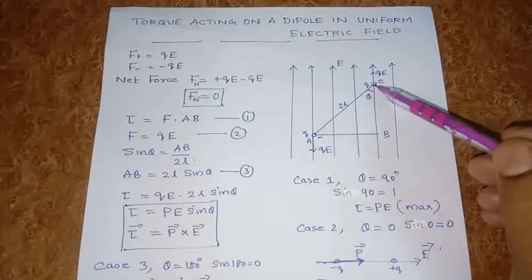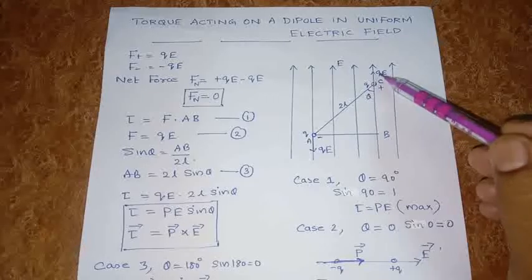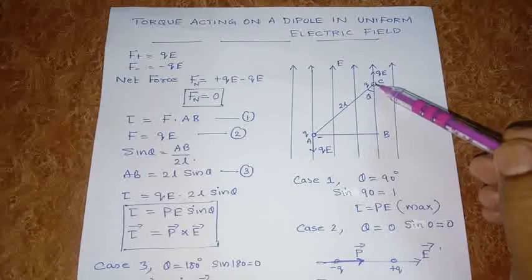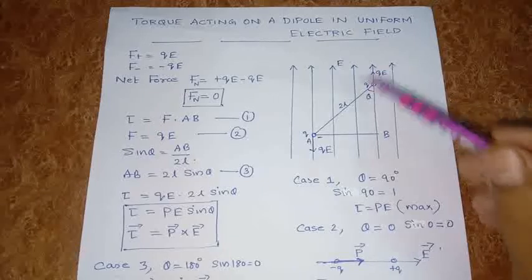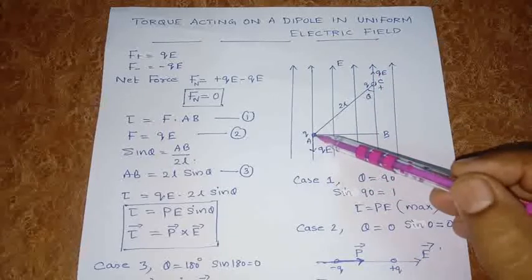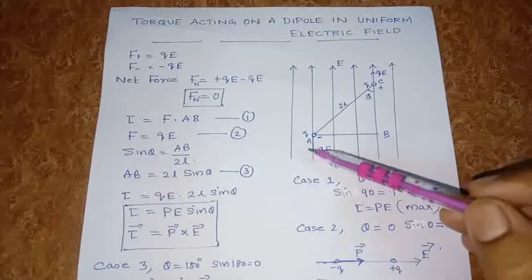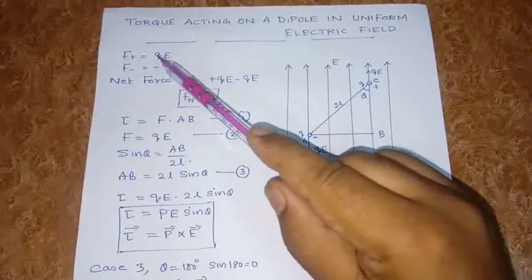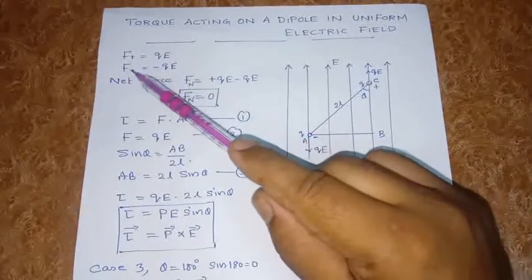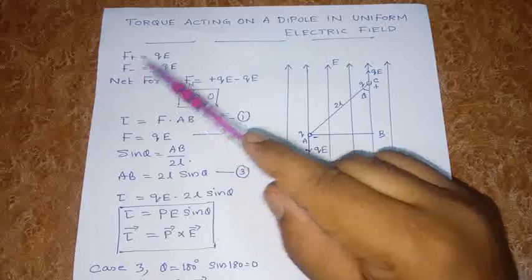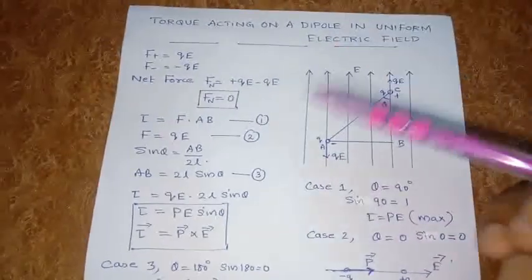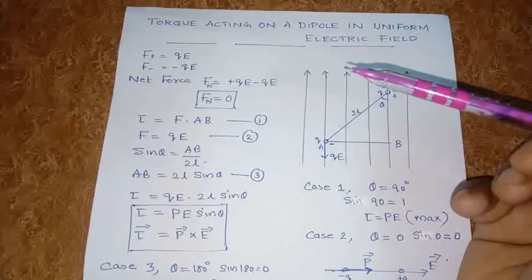When a charge is placed in electric field, it experiences a force QE, and if it is a positive charge, that force is in the direction of electric field. If it is a negative charge, that force is opposite to the electric field. So force acting on plus q charge, F plus is equal to QE. Force acting on minus q charge, F minus is equal to minus QE. Magnitude wise it is QE only. The negative sign indicates the direction.